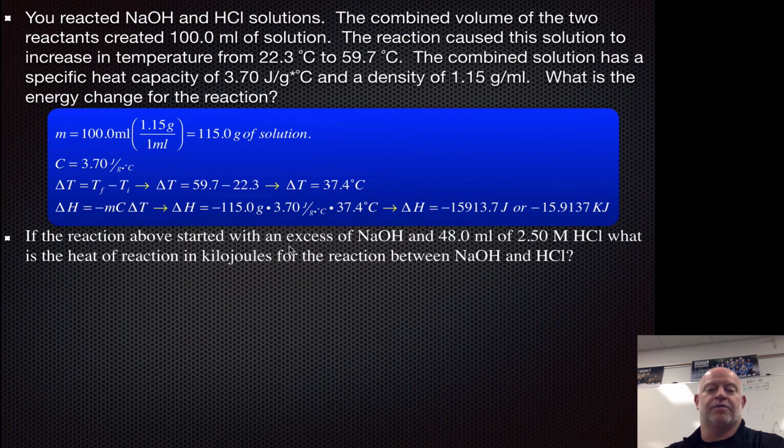So here's what we want to do. We need to know the amounts of sodium hydroxide and hydrochloric acid that were used. Sodium hydroxide was in excess, so we're going to ignore that. Hydrochloric acid was not in excess, so we need to figure out how many moles of HCl were used. Once we know that, this is the moles of HCl used that made this amount of energy. So now we have a ratio or a relationship.